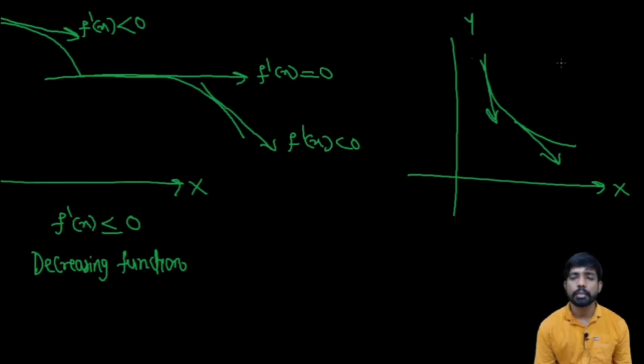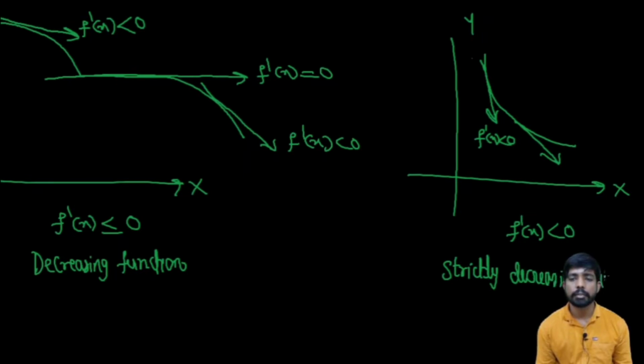Declination is slope, and slope is negative, meaning f dash of x is less than 0. Here also f dash of x is less than 0. So we can say this function is a strictly decreasing function.